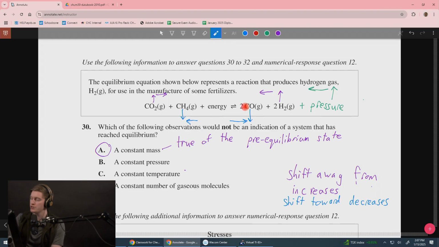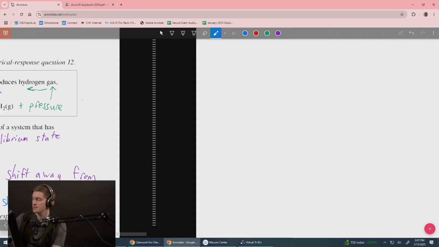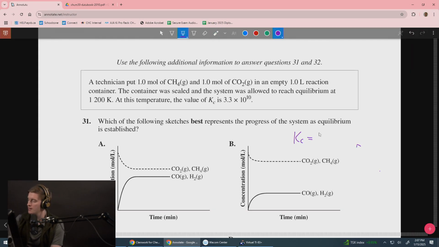So there's a coefficient of 2 with the hydrogen gas and with the carbon monoxide. So our Kc value here is going to be carbon monoxide concentration squared multiplied by hydrogen gas concentration squared divided by carbon dioxide concentration times methane concentration. That's how we're going to get our value of Kc.